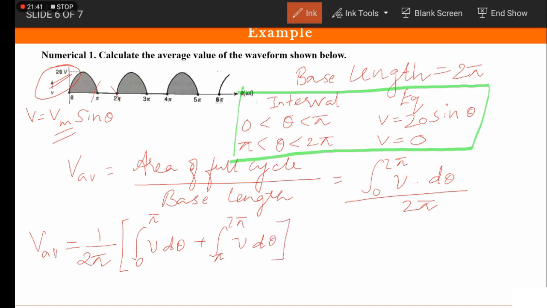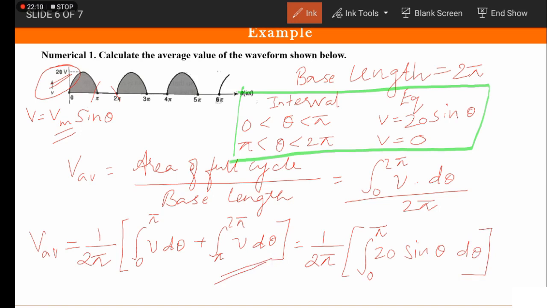Clear? Yes. So this becomes 1 upon 2 pi, integration 0 to pi, and the value of V here is 20 sin theta d theta. And what is the value of the second part? It is 0.